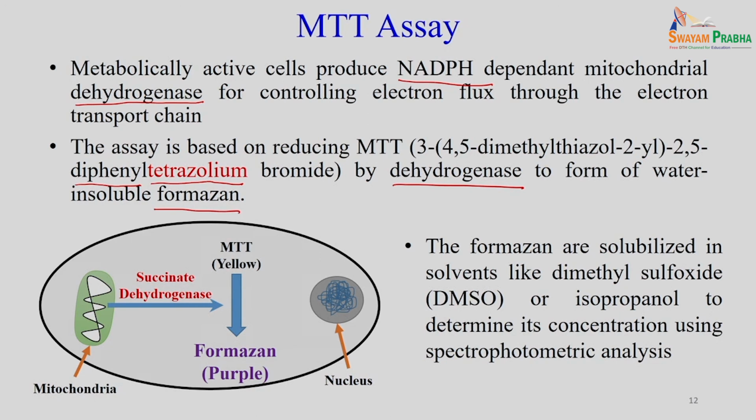Initially this MTT was yellow in color, and after the reduction it becomes purple. Here you can see that healthy or live cells have this succinate dehydrogenase, which reduces the MTT to formazan crystals.